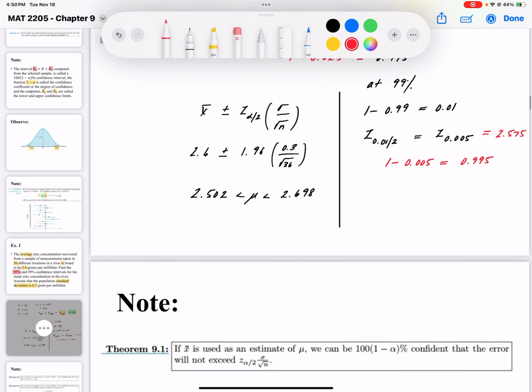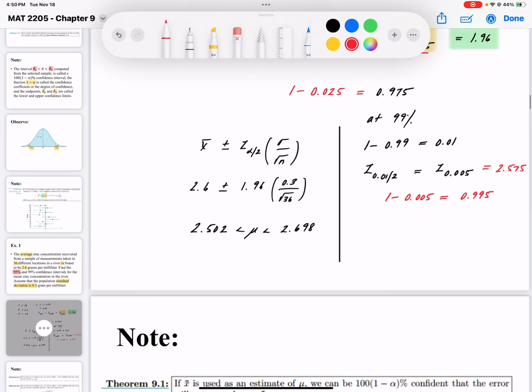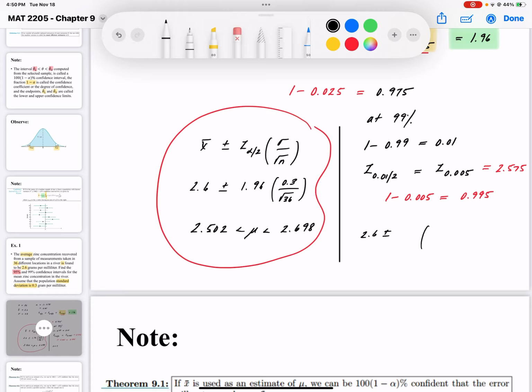All right, the rest of it is the exact same. I'm literally plugging in here exactly as we did before. I still have my mean value, which is 2.6. I still have the population standard deviation and all of that. The only difference is my z sub alpha value is now 2.575.